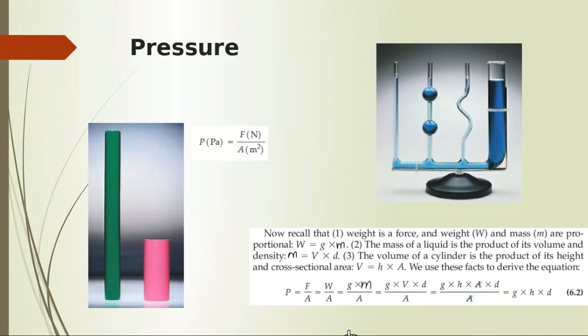This green and this pink cylinder have the same mass and exert the same force on the supporting surface. And the tall thin one has a smaller area of contact, but exerts a greater pressure.